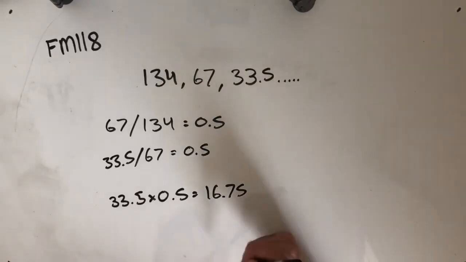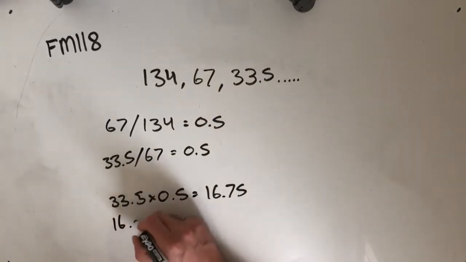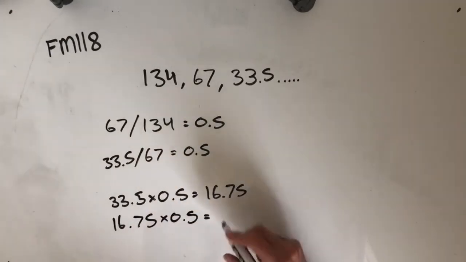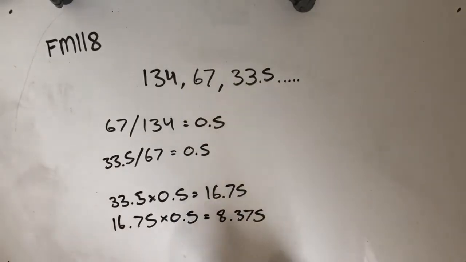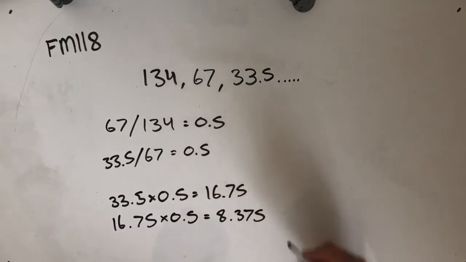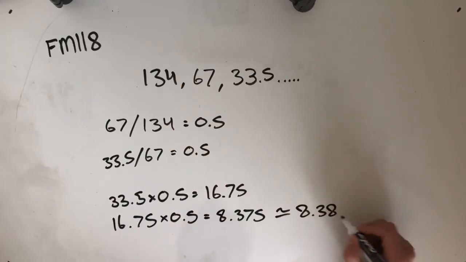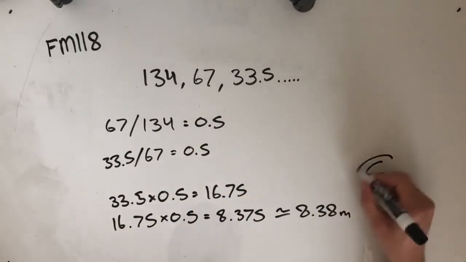Now, of course, we want the 5th term, not the 4th term, so we're going to have to take this a step further. 16.75 times 0.5 is equal to 8.375, which of course the question has asked us to round to 2 decimal places, which if we do that, we end up with 8.38 meters, meaning that our answer to this question is going to be option C.